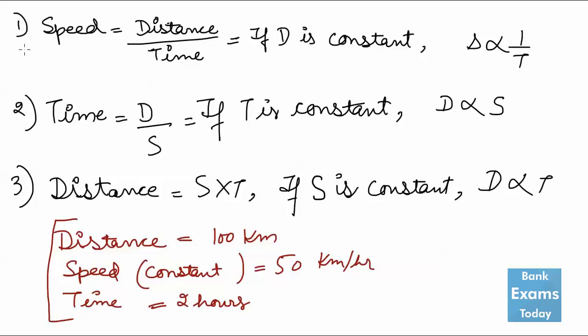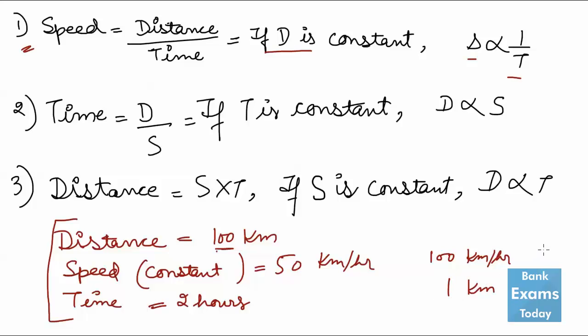So let's come to the first derivation. If the distance is constant, the speed is inversely proportionate to the time. So if the distance is 100 kilometers and the speed increases to 100 kilometers per hour, then obviously the distance can be covered in 1 hour.